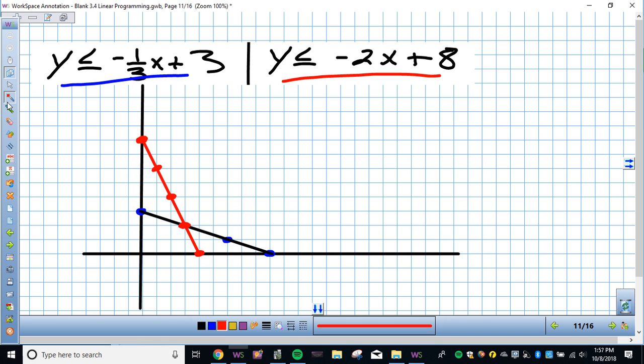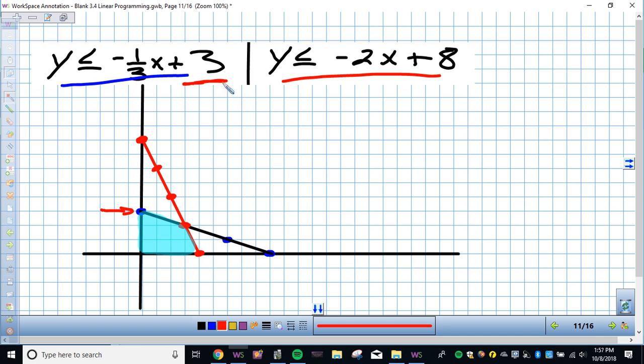And it's less than both, so where do I shade? In the little corner here, right? So shade in that little corner. So what is that ordered pair? 0, 3, right?